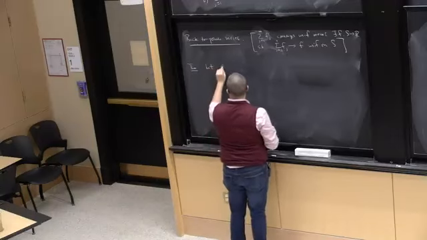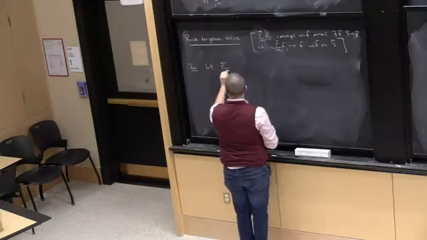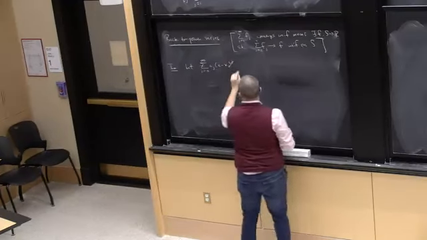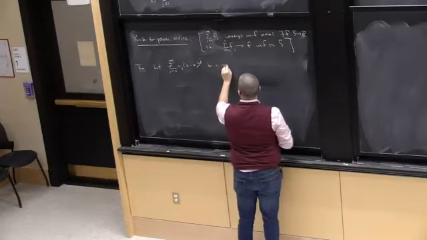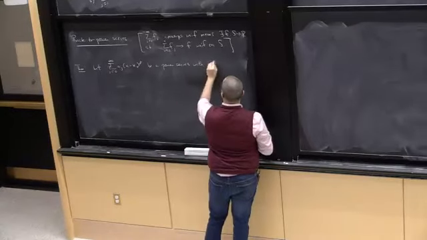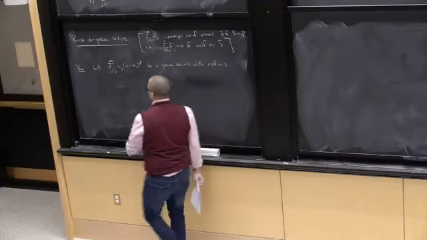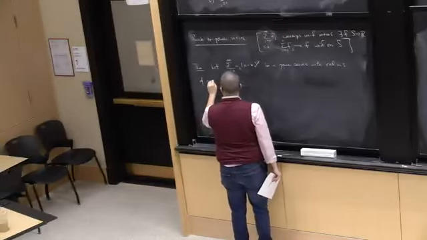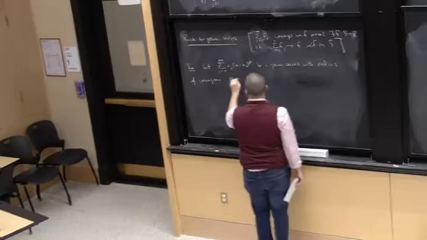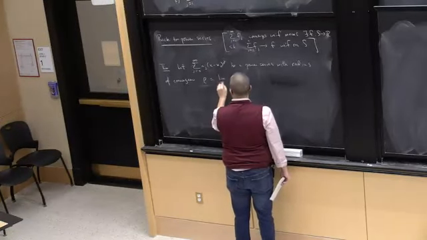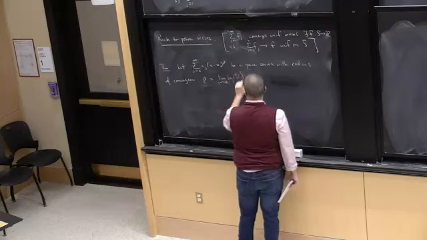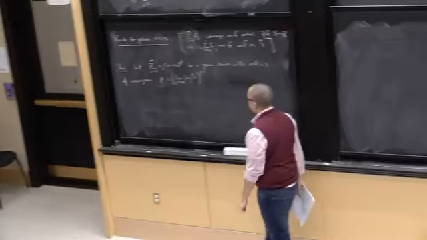So let's suppose we have a power series with radius of convergence rho, which I will recall is defined to be the limit as j goes to infinity of |a_j| to the 1 over j, inverse.